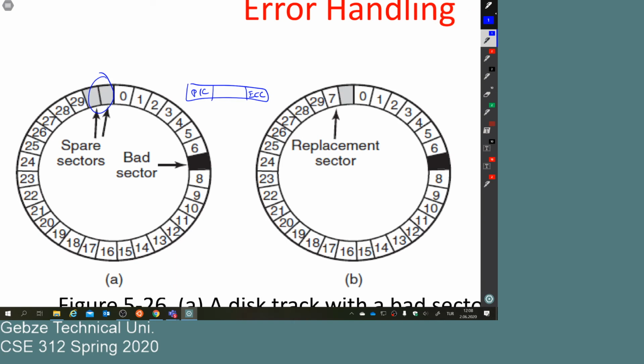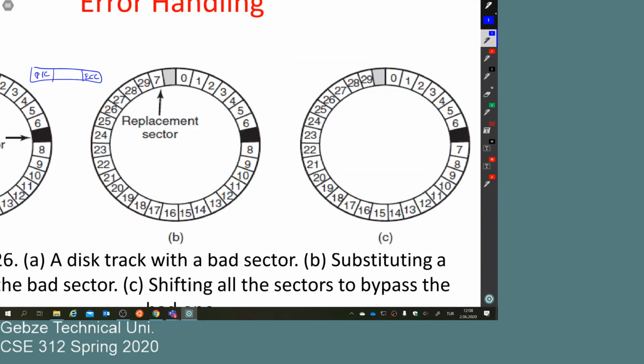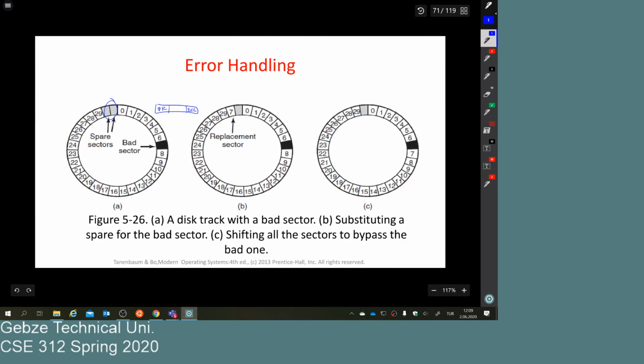Or I could do this: I could shift all the sectors one position over. So this is one way of handling the bad sectors.